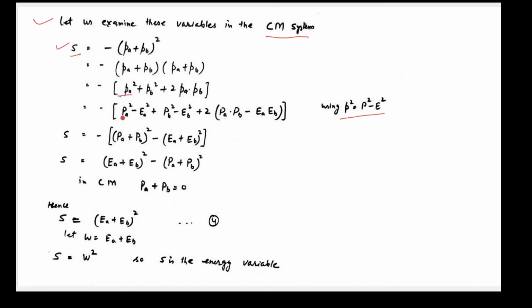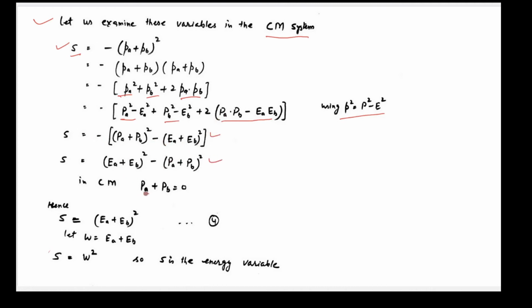So for the first particle A, for particle B, and for this mixed product, the four-momentum of A dot four-momentum of B will be equal to linear momentum of A dot linear momentum of B minus E_A E_B. After solving it we will get this, and absorbing the minus sign here we will get this.